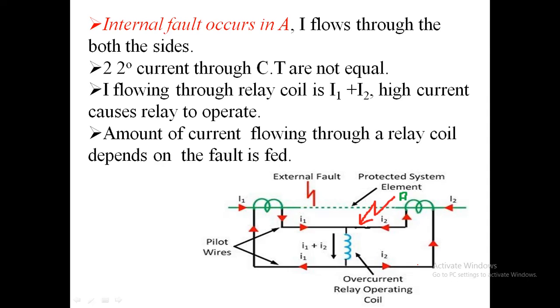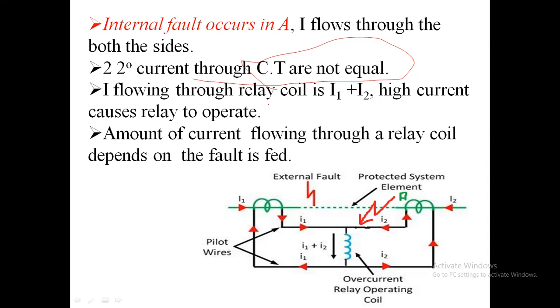Suppose a fault occurs on the alternator winding. The two secondary currents will not be equal, and the difference will flow through the operating coil of the relay and cause the relay to operate. This is the case when a ground fault occurs.